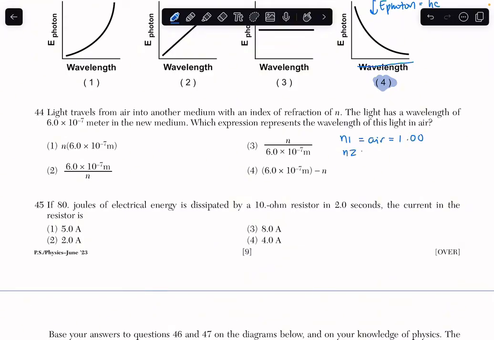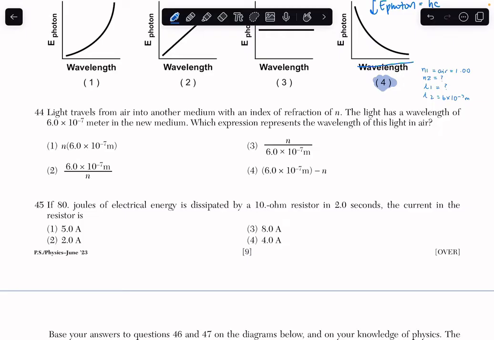Our n2, we don't know that yet. It's a mystery. Then we have our wavelength. Our first wavelength, we're not sure about that. But we know our second wavelength after it's in the new medium. That's 6 times 10 to the negative 7th meter, right? Now, we could look back on our reference table to find our formula.